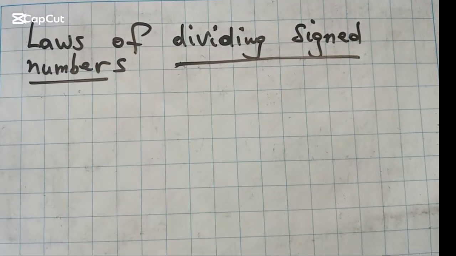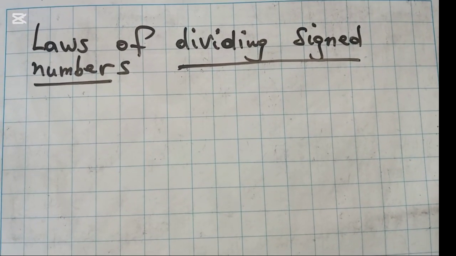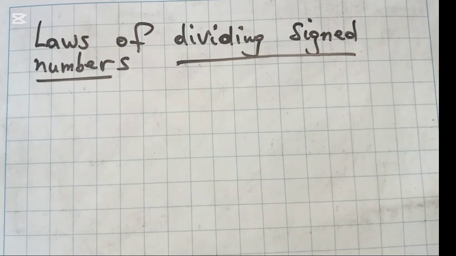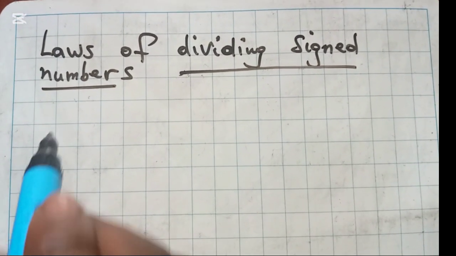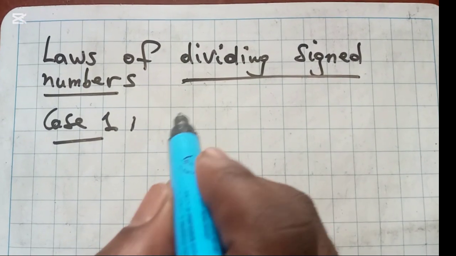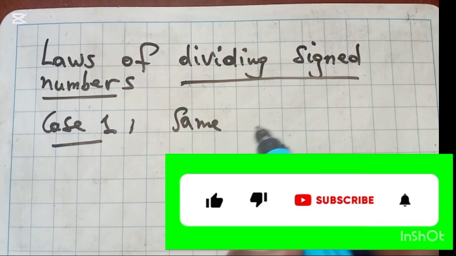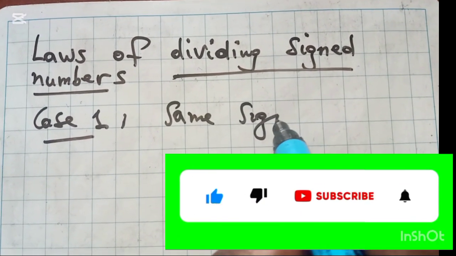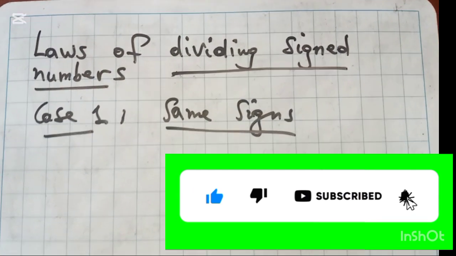Laws of dividing signed numbers. There are two cases. Case number one is when you have the same signs.